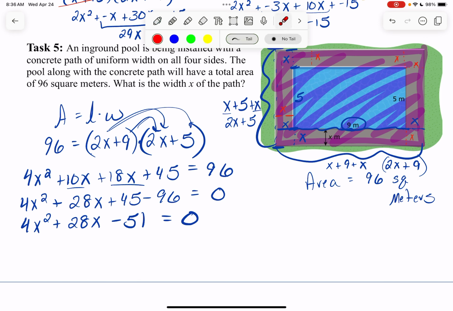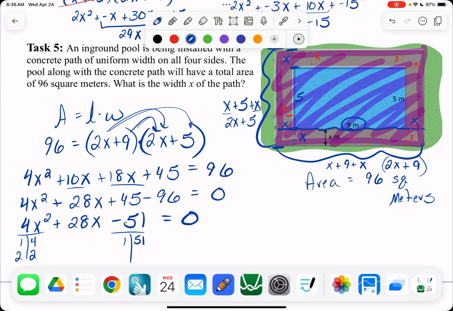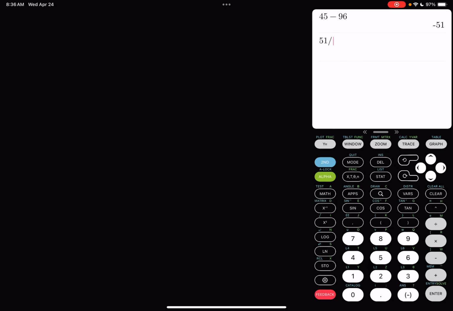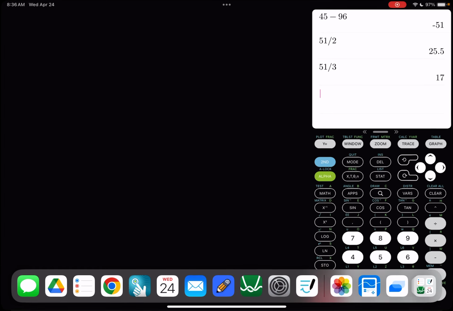This is now a quadratic, with an x squared. So to solve it, I have to factor it because I have to use the zero product property. The leading coefficient's not 1, so I need the factors of 4: 1 and 4, and 2 and 2. Now the factors of 51: 1 and 51. I don't know them, so let's just try. It's not even, so 2 won't go. What about 3? 3 and 17.